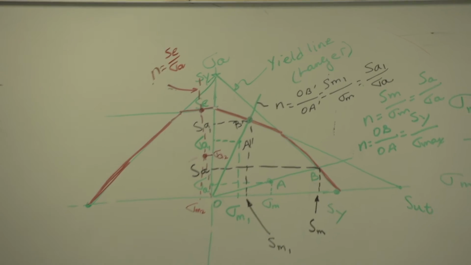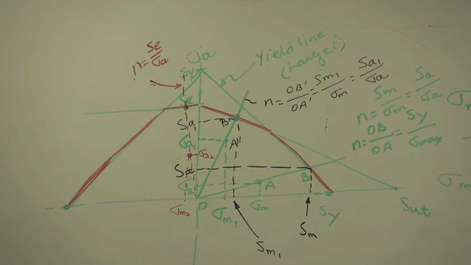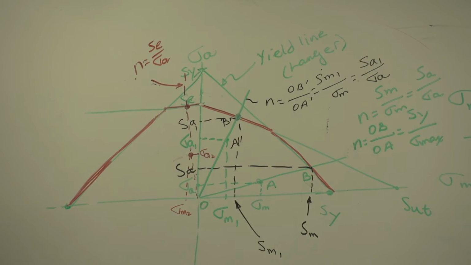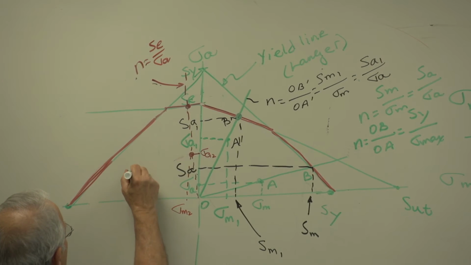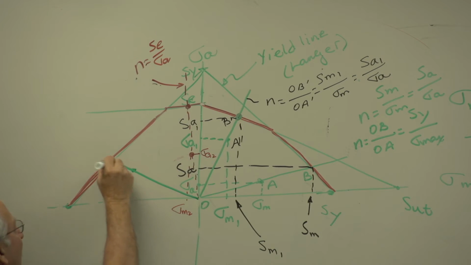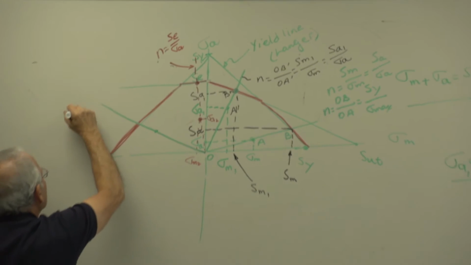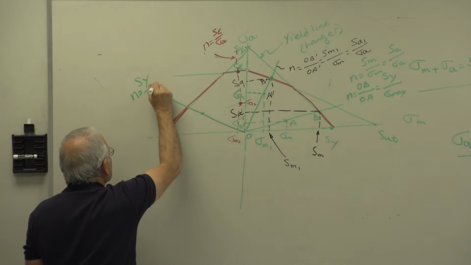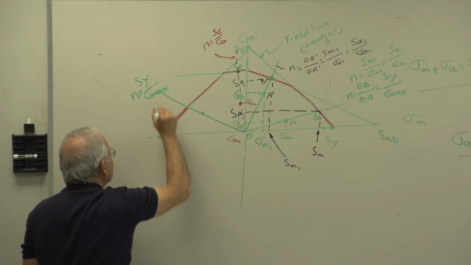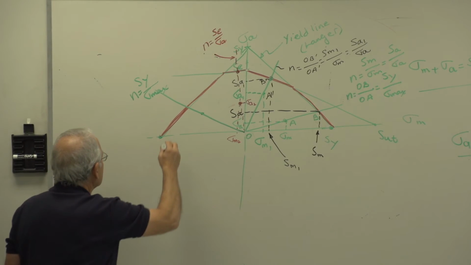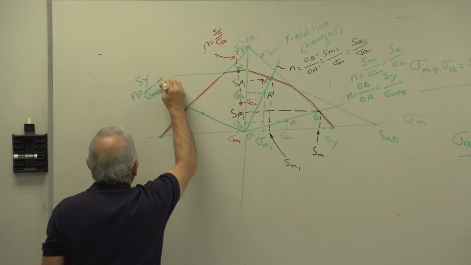If there's any part of this you don't understand, please let me know now, because we're going to be using this. And finally, if your point plots out here, once again you cross the yield line before you cross the fatigue line, and the factor of safety is Sy over sigma max, in this case absolute value.